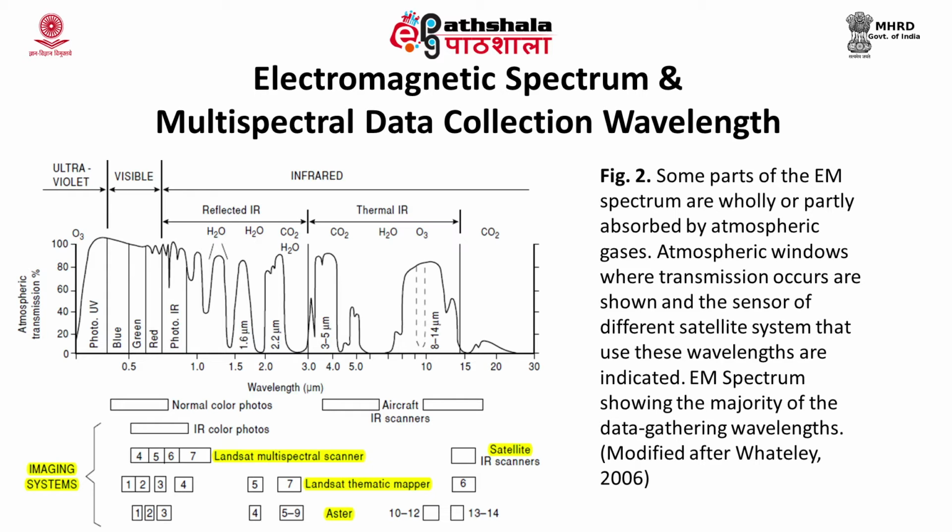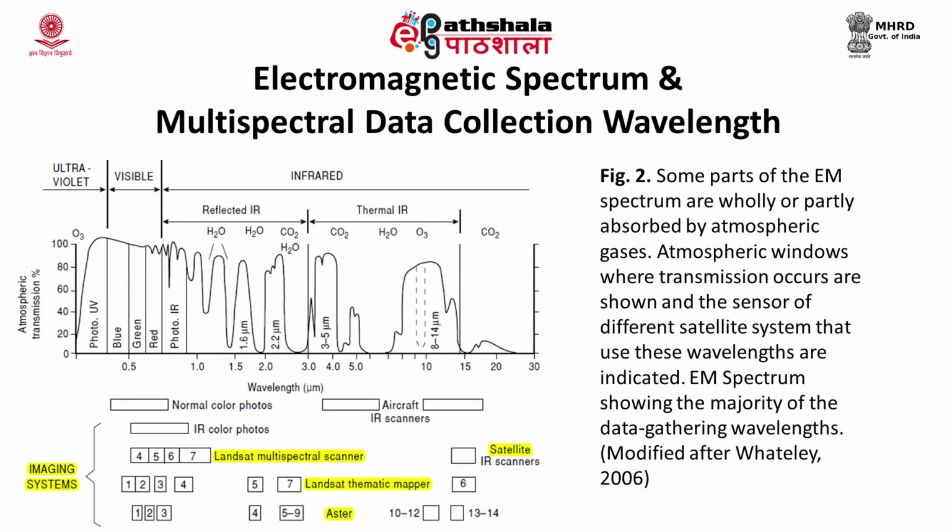You can see three H2O bands where infrared wavelengths are absorbed, and if you look at CO2 and H2O, that also will absorb, close to 3 micron. And then in the thermal infrared region, you can see many bands get absorbed due to the presence of CO2, H2O or O3 in the atmosphere.